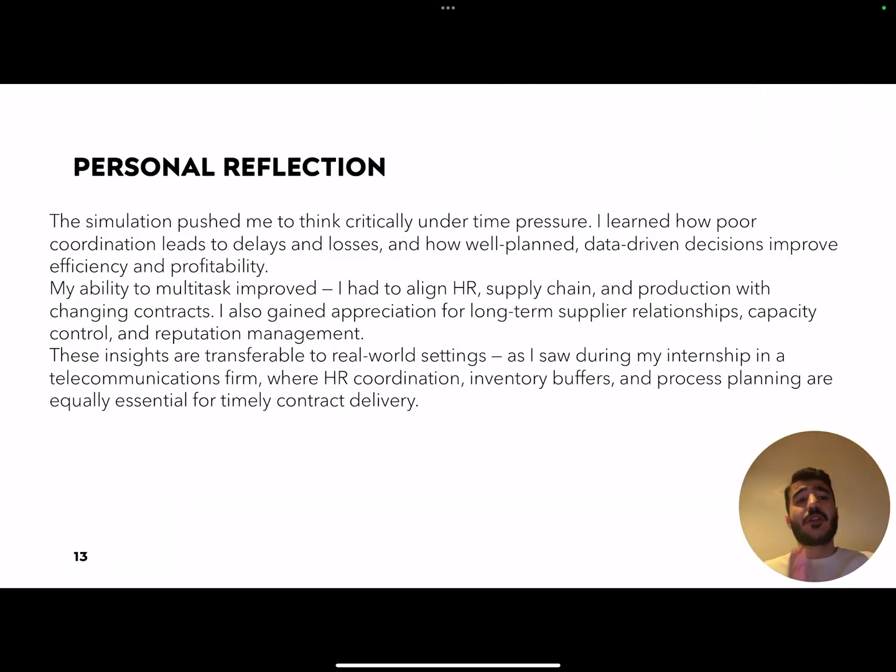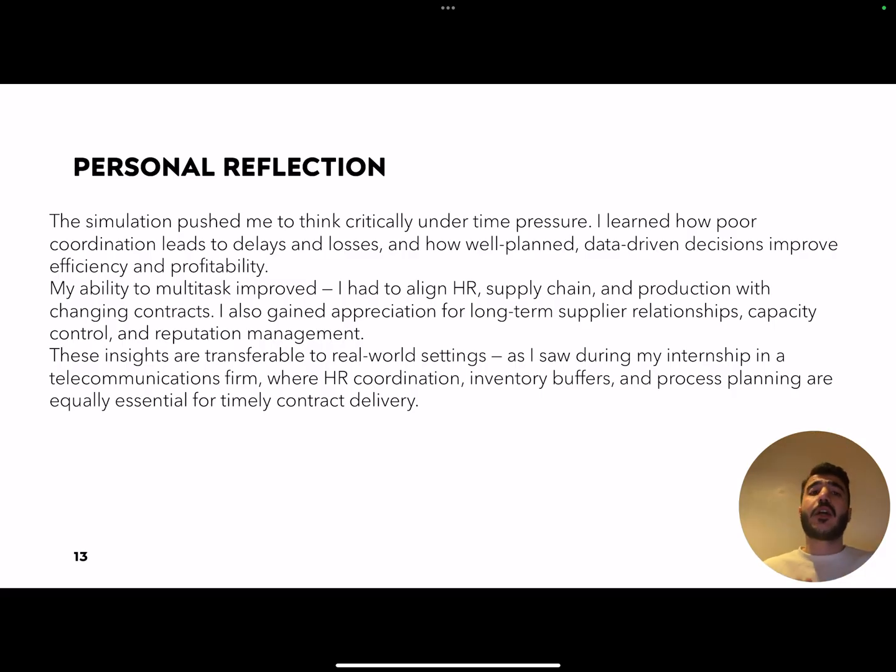And in my personal reflection, the simulation pushed me to think strategically under time pressure. I learned how poor decisions lead to delays and losses, and how well-planned, data-driven decisions improve efficiency and profitability. My ability to multitask improved. I had to align HR, supply chain, and production with changing contracts.